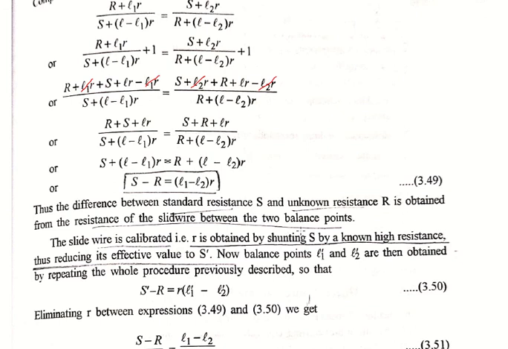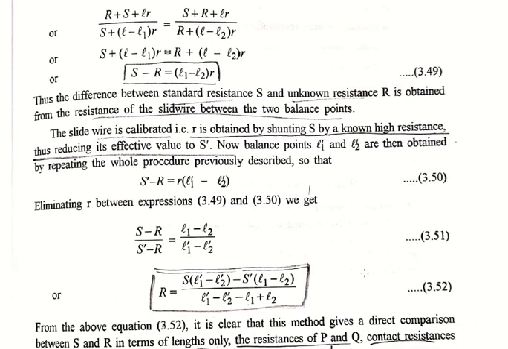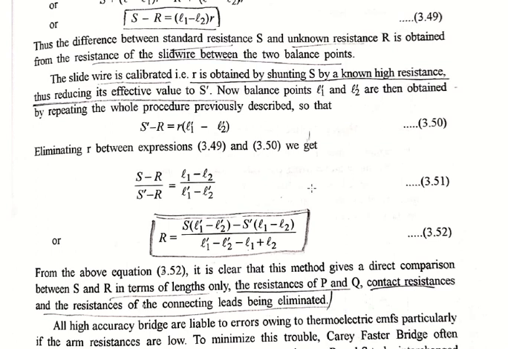Now by dividing these two equations, 3.49 and 3.50, we get (S minus R) divided by (S dash minus R) equals (L1 minus L2) divided by (L1 dash minus L2 dash). Here r is eliminated.